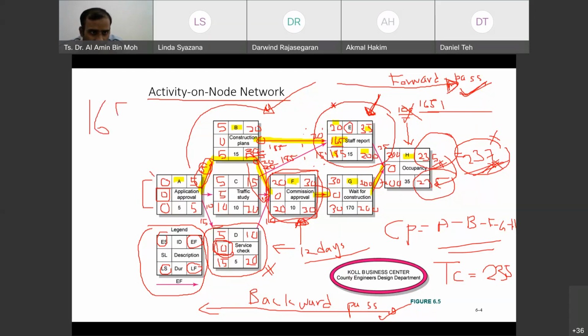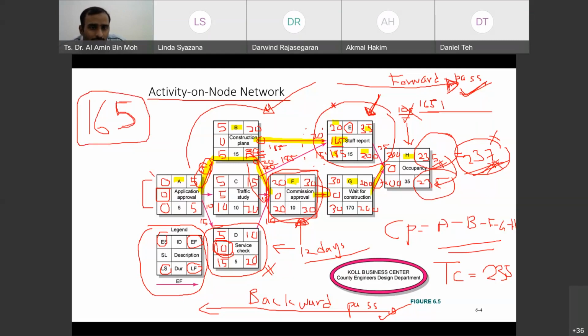So what does this 165 mean? It's not delay time. This is the time that is permissible, if anything goes wrong, that will not impact the whole completion of the project if it's delayed up to 165 days.